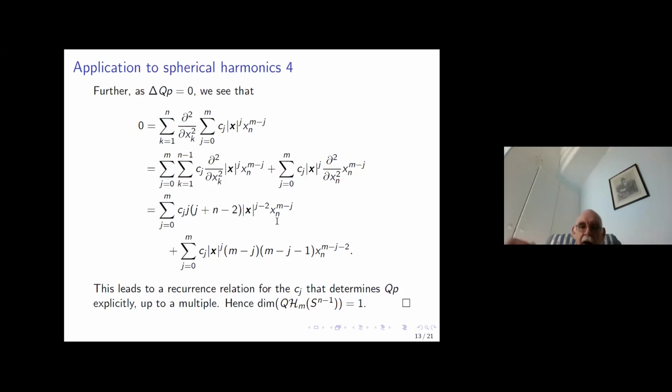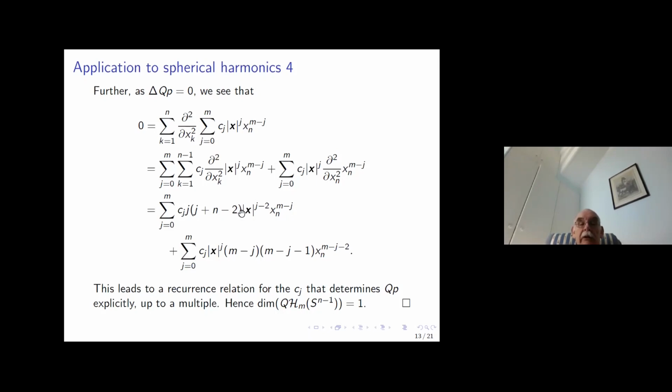I haven't done this, but I could, or you could if you wanted to, change the label j to be j plus 2, and that would change this, and it would change that, and it would make the length of x to the j minus 2 become length of x to the j, and xn to the m minus j become xn to the m minus j minus 2.